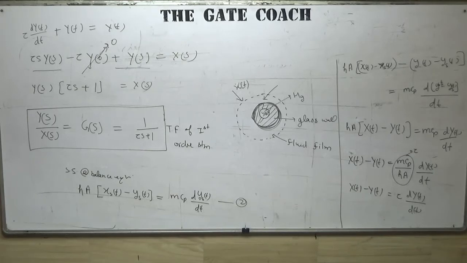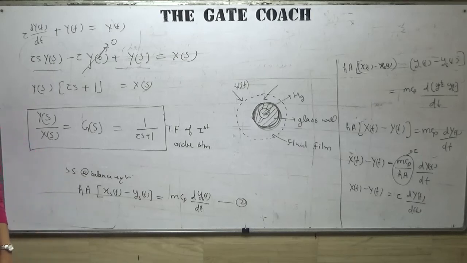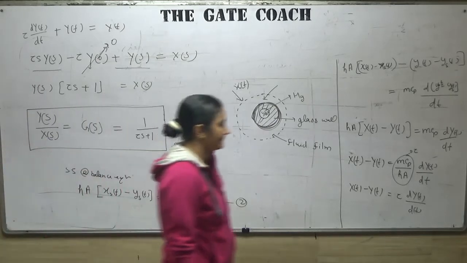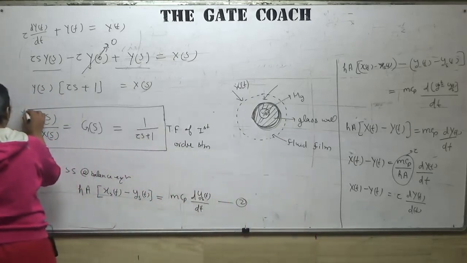Surface area of the bulb that is in contact with the film. Okay, so write down this. This is the transfer function for the first order system.